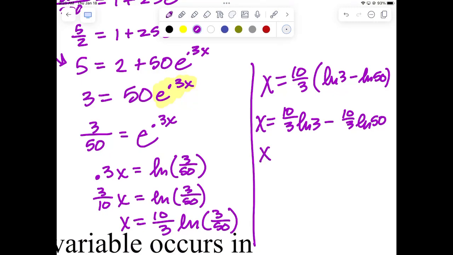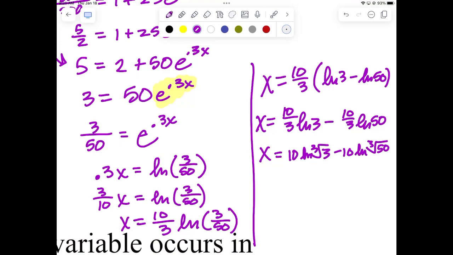You could just bring the 1/3 up top and say it's 10 natural log of the cube root of 3 minus 10 times the natural log of the cube root of 50. If I just bring the 1/3 up, then the arguments become cube roots. And now I can factor out the 10, or I can bring the 10 up if I want.